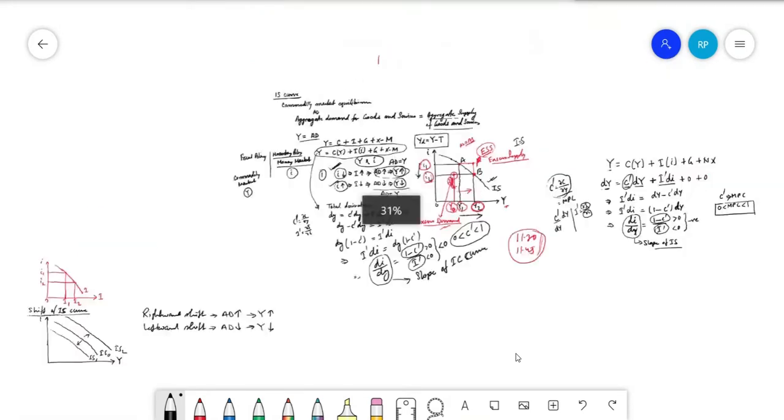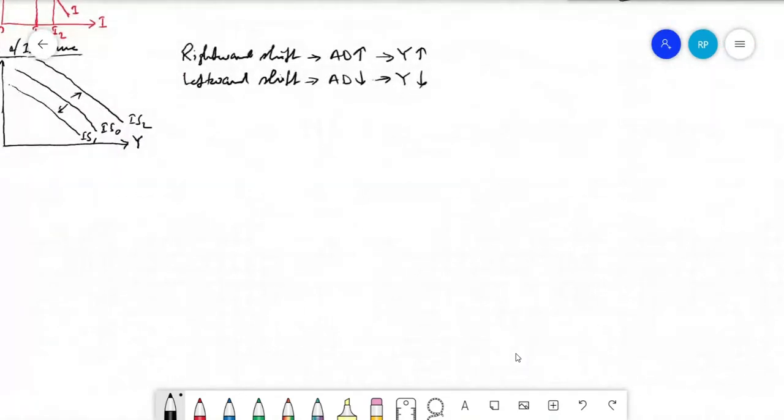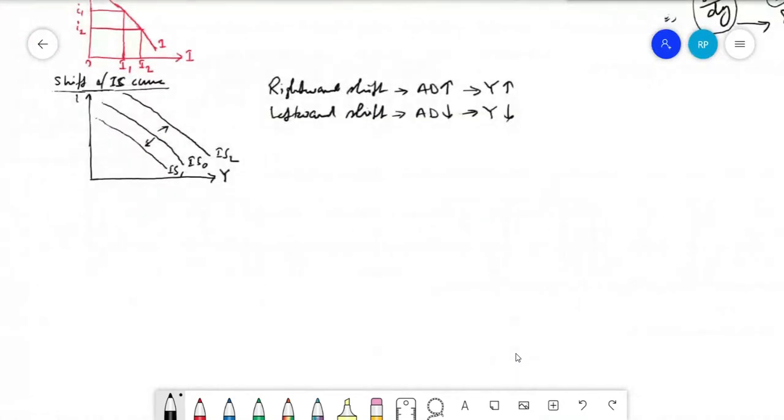We have already seen aggregate demand, which is equal to C plus I plus G plus net exports. Okay.